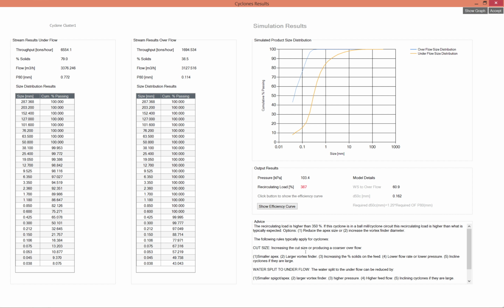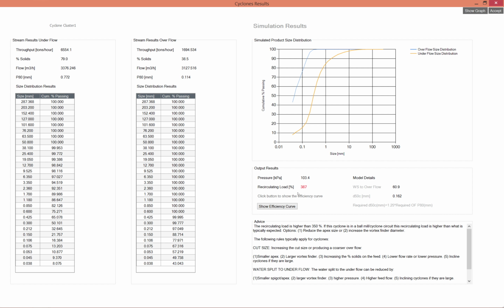So when I'm adding less water to the feed, my recirculating load is too high, 387%. So in the advice, it says that the recirculating load is too high, and this will cause some problems.